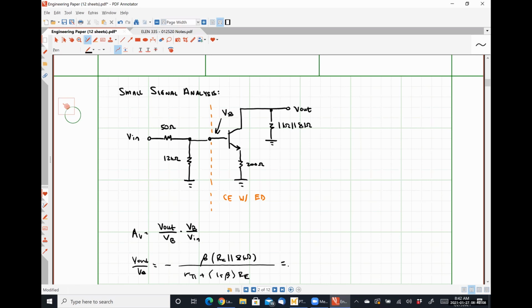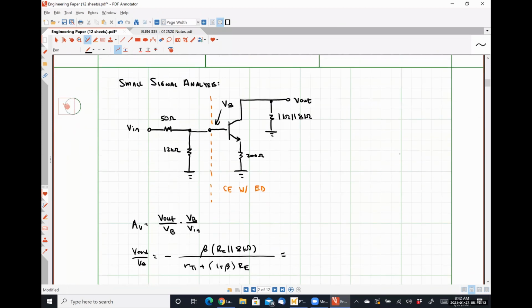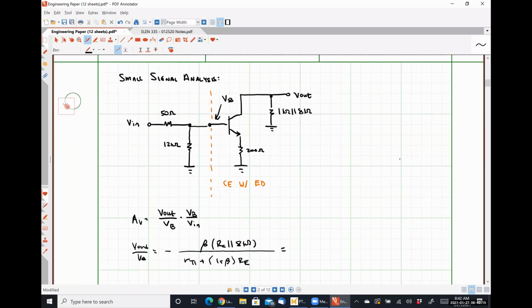Divided by R pi, which we found to be 2.214 kilo ohms, plus 101, 1 plus beta, times RE, where RE is 200.